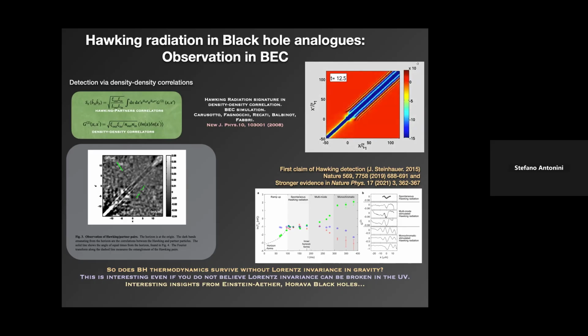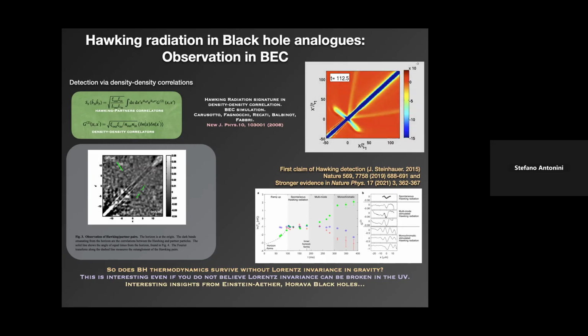So this is a numerical simulation done by Iacopo Carusotto and collaborators in 2008, where 0 is the horizon, and this is inside and outside. And you have correlations of the particles, called the mustache. Now, the definition is not so good, but this is the experiment. You see the same mustache, which is the correlation between the Hawking pairs. So the Hawking pairs are correlated exactly the way they should be.